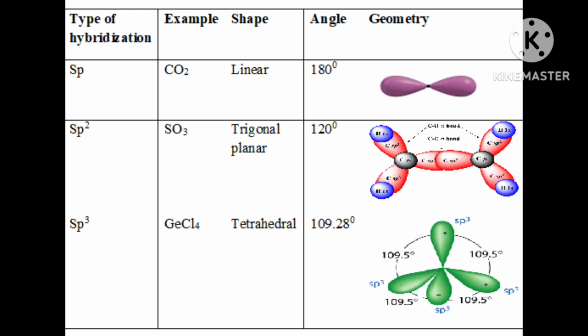The question is CH3 whole 2 CO. CH3 whole 2 means one carbon in the center and two CH3 are joined, and one double bond is there with oxygen, CO. This is actually acetone: CO in the middle, left side CH3, right side CH3.